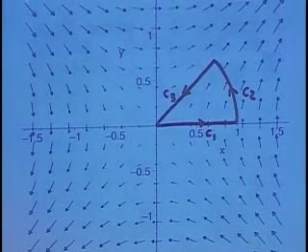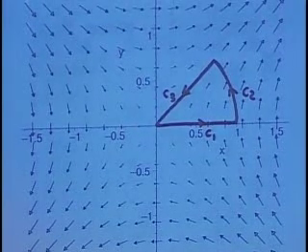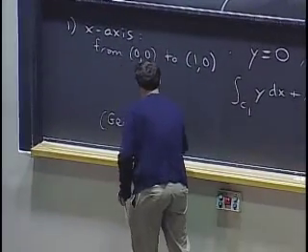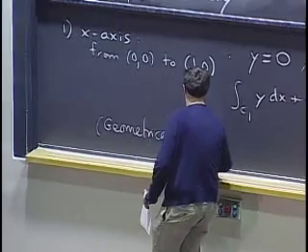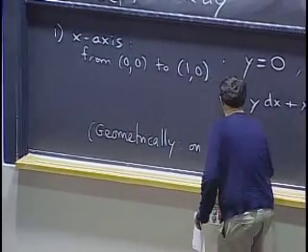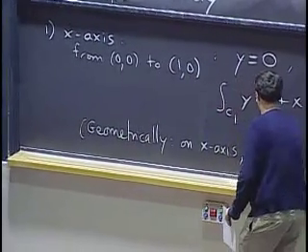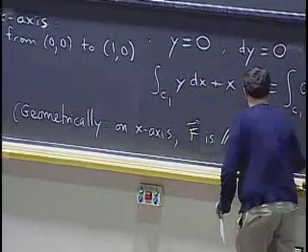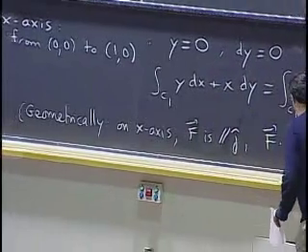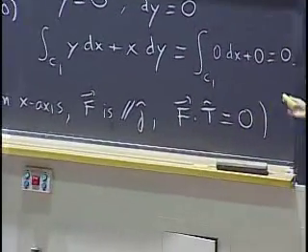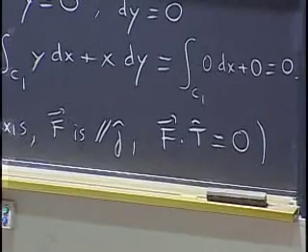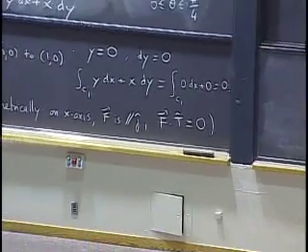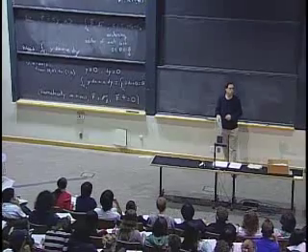F dot T will be 0. Okay, so F dot T is 0, so the integral is 0. Okay, any questions about this first part of the calculation? No? It's okay?